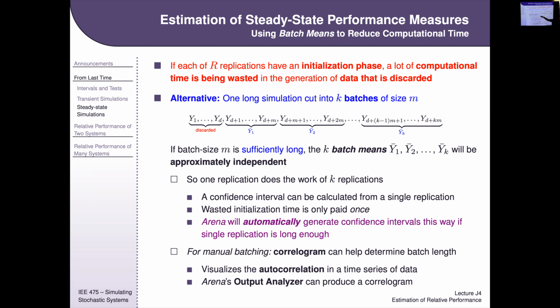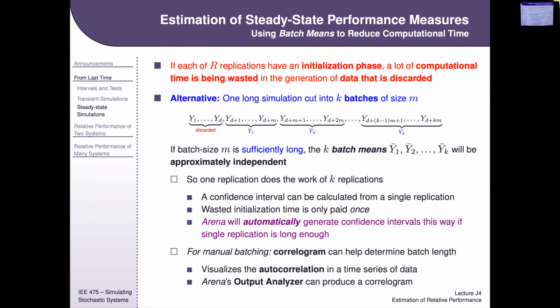This is the reason why, if you look in the Arena reports, sometimes when you look at a performance measure, instead of a confidence interval, it'll say something like "correlated." What that means is that you didn't run it long enough for this trick to work for Arena. Instead of generating a confidence interval for you, it says, I can't generate a confidence interval because those are correlated. They're not independent.